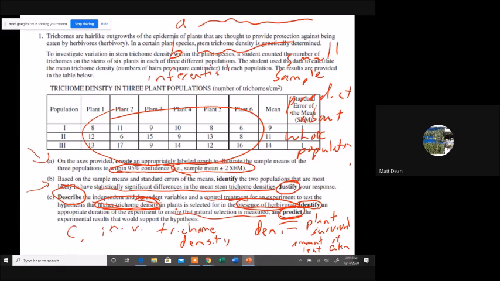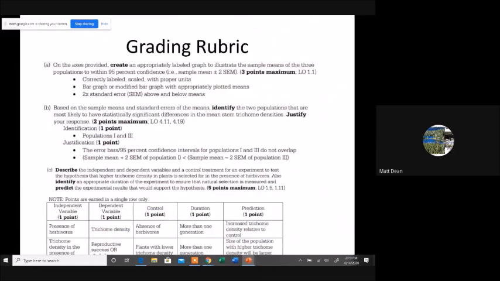Let's go to the grading rubric that was used for this exam. So here's how the graders actually graded the test. You could get 3 points for part A. So that was for labeling and scaling your graph, putting in the error bars, creating the confidence intervals. 3 points for doing that.